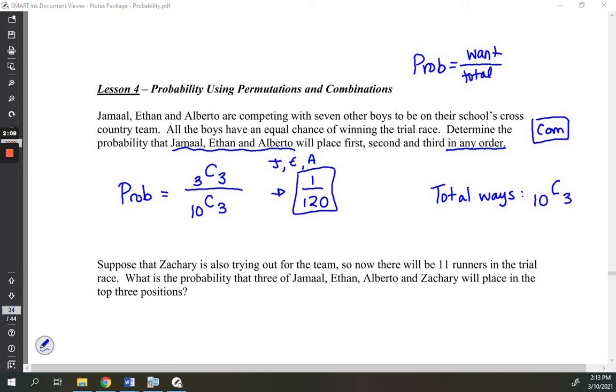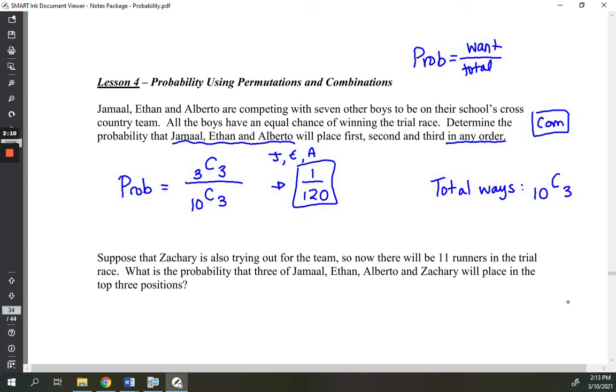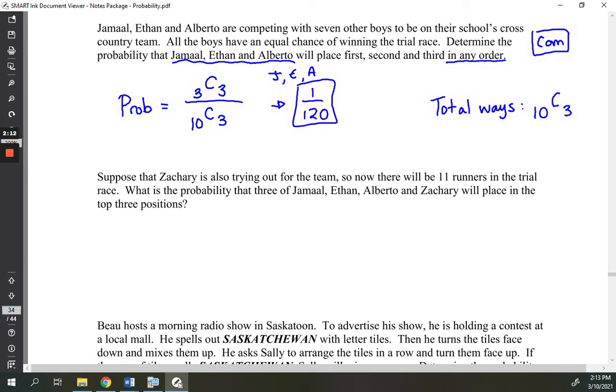The next question is pretty similar. It says, suppose Zachary is also trying out for the team. So now there's 11 runners in the trial race. We want to know the probability that 3 of those 4 boys will place in the top 3 positions. Same thing, it's a combination question. Our total ways now: there are 11 boys, and we are trying to choose groups of 3.